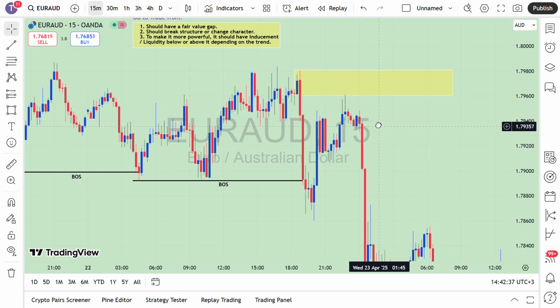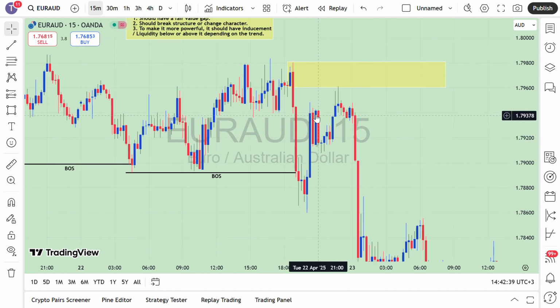If you go to a lower time frame here, you can see this was a ranging market in a smaller time frame. So the market formed liquidity up here before going down and then came back to take this liquidity and then tapped in this order block. That's why I took another trade from this zone.